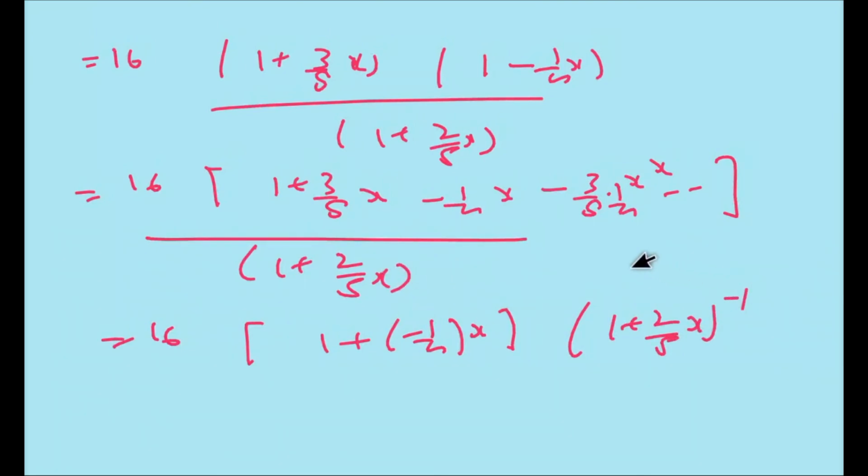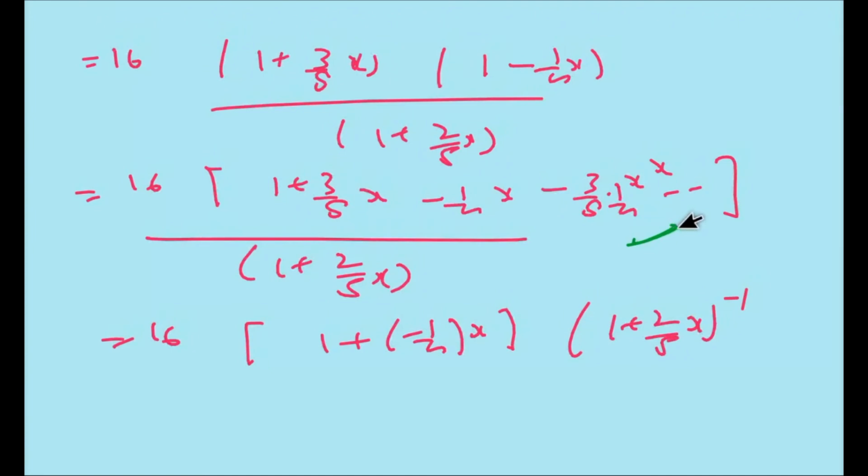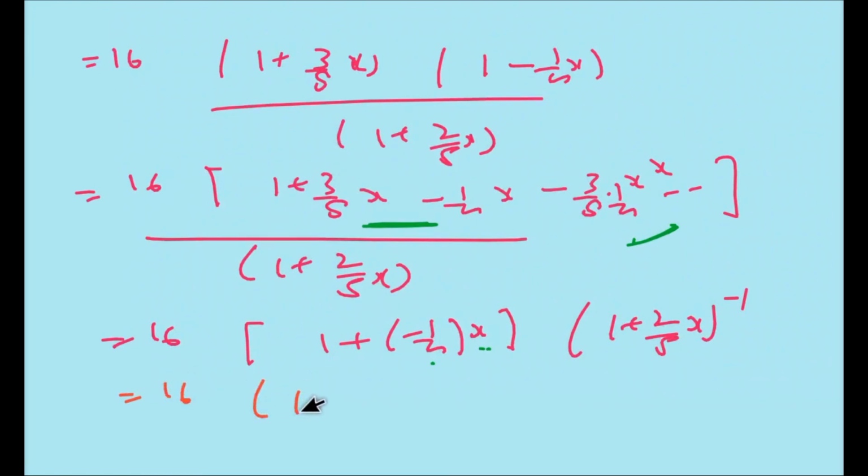Okay, now what we have done here, we have left this bracket and added this bracket, and then we write here and leave this bracket. Okay, now again we can write here 16, 1 minus 1 by 4x and 1 minus 2 by 5x. Again using the formula 1 plus nx, again we multiply here.